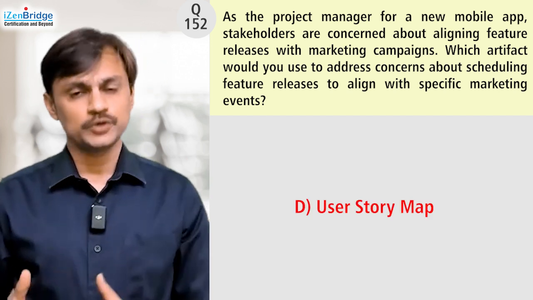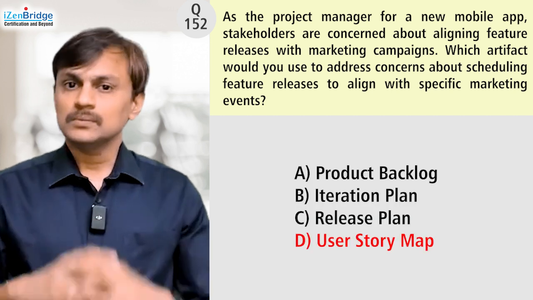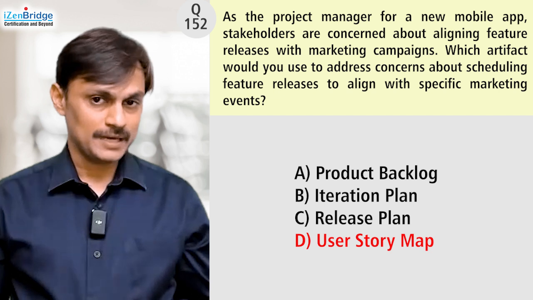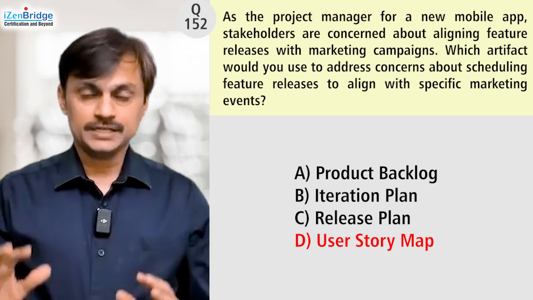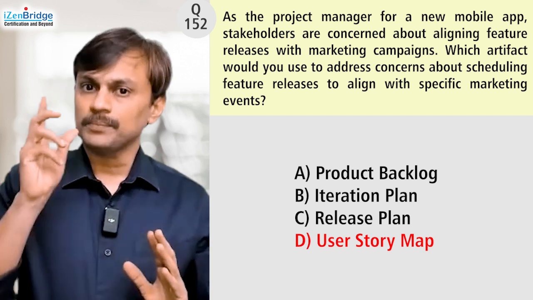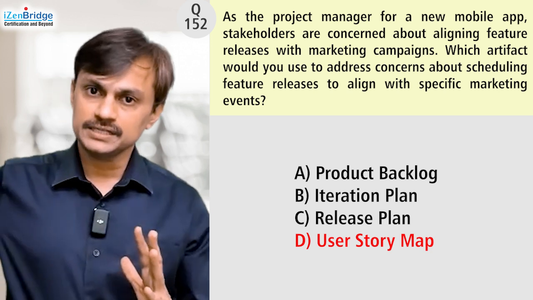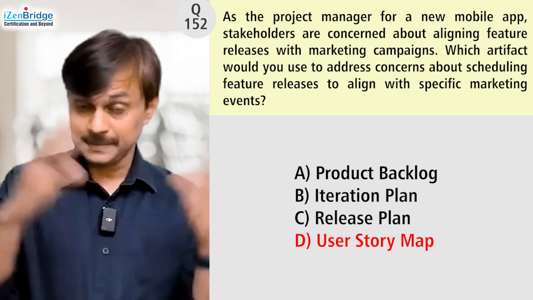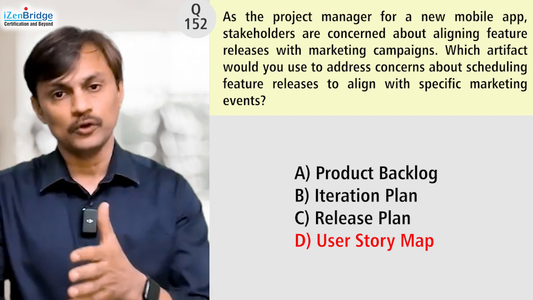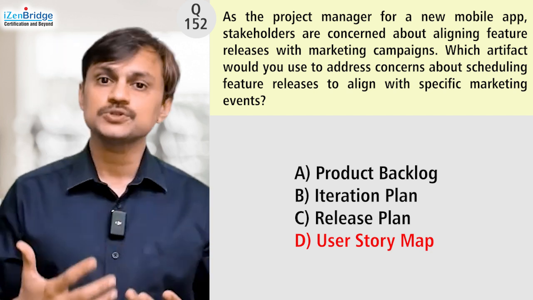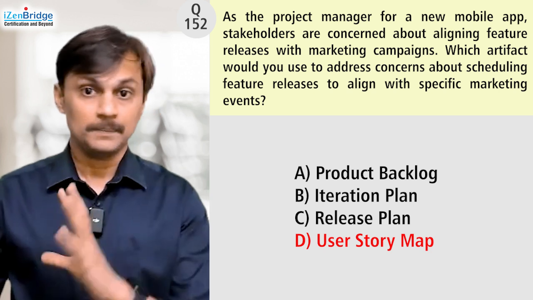Option D, user story map. Many a time, a release plan can be presented in the format of a user story map. That's a possibility. But the purpose of a user story map is to show how the user is going to interact with the application, what the user's workflow is. It helps us discover the right user stories, prioritize them, and create a release plan out of it.